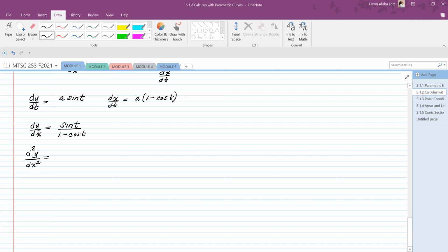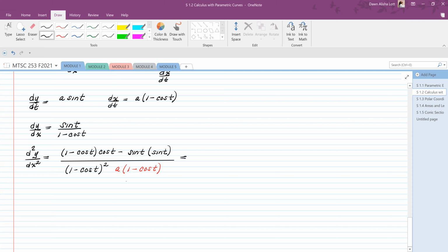We're going to take the derivative of this, which is the bottom, 1 minus cosine t, times the derivative of the top, which is cosine t, minus the top, which is sine t, times the derivative of the bottom, which is sine t, and then divide by the denominator squared, which will be 1 minus cosine t squared, but then we have to divide by dx/dt. So that dx/dt is a times 1 minus the cosine of t.